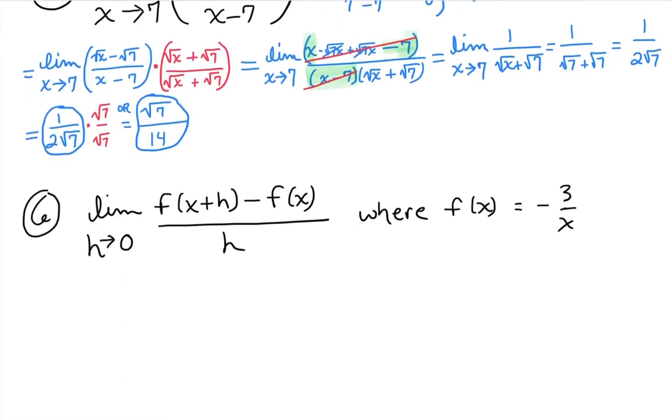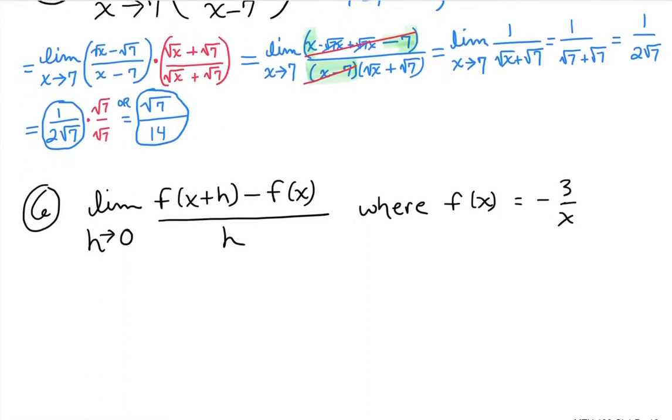So on this one, though, it's the limit as h goes to 0, but I have this f of x plus h and f of x, and so I actually need to start by writing out what that means for this particular example when we have f of x equaling negative 3 over x. So it looks like the limit as h goes to 0.